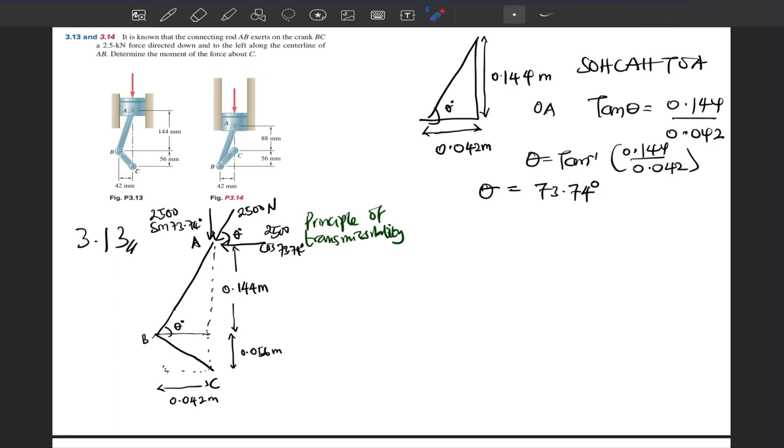After this, the next thing we are going to do is determine our moment, which the question told us is the moment of the force about C. After having the vertical and horizontal components of this 2500 newton force, we can now calculate our moment.